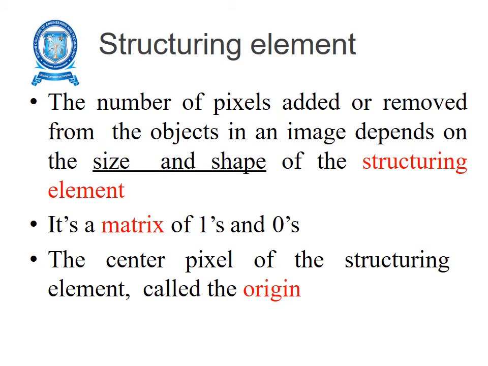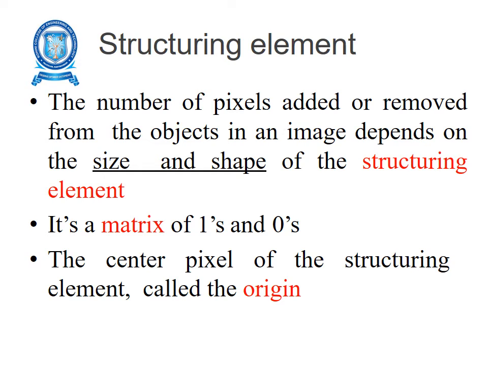In this, the adding and removing involves some pixels, right? The number of pixels that are added or removed from the object depends upon the size and shape of the structuring element. So we have to know what a structuring element is. A structuring element is just a matrix of ones and zeros, a combination of both ones as well as zeros.